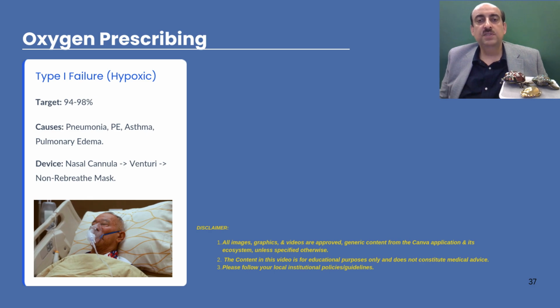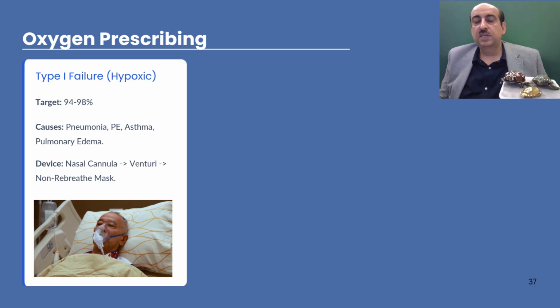Before we go to disease specific or condition specific management, oxygen prescribing. If there is type 1 respiratory failure, which is hypoxic, in conditions like pneumonia, pulmonary embolism, asthma, or pulmonary edema, then the target is usually 94 to 98%, except COPD. We will come to that, that's a type 2 respiratory failure.